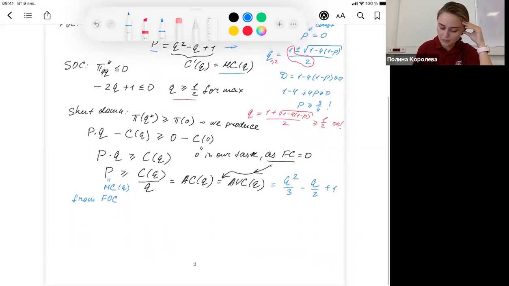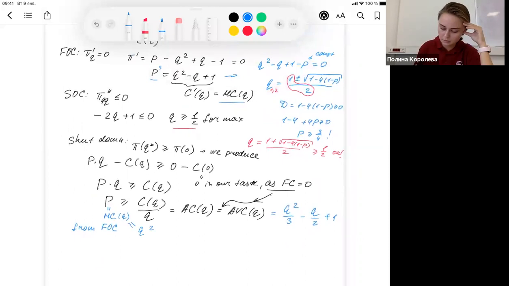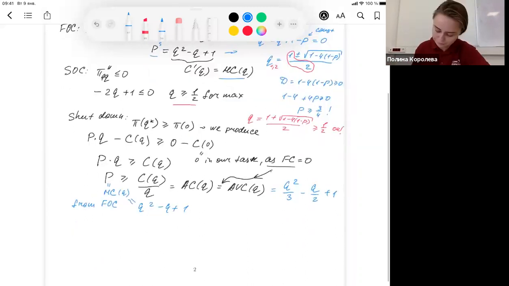And we know marginal costs: marginal costs will be Q square minus Q plus 1. Now we should equalize them. So Q square minus Q plus 1 equals Q square over 3 minus Q over 2 plus 1.